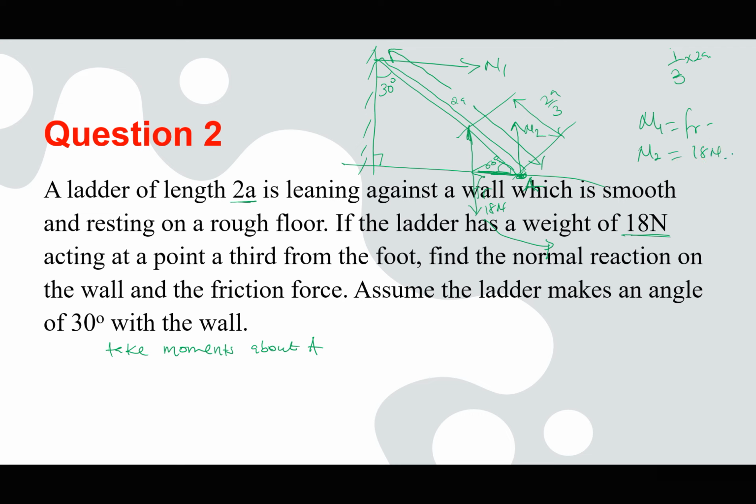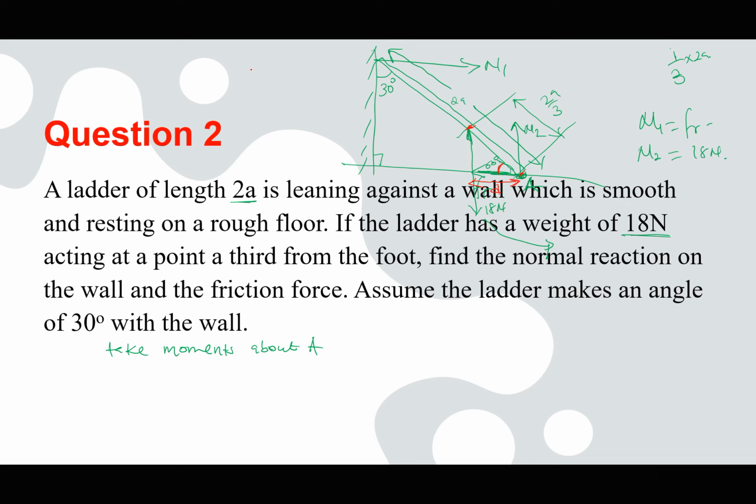Taking moments about A, the sum of anticlockwise moments, we have to find the perpendicular distances. That is the hardest thing for students, finding the perpendicular distance. The perpendicular distance of the weight from the point we are taking moments is this length here, which I will call D. This is the angle 60, the distance D is the adjacent, and the distance from this point up to this point is the hypotenuse, which is 2a over 3.